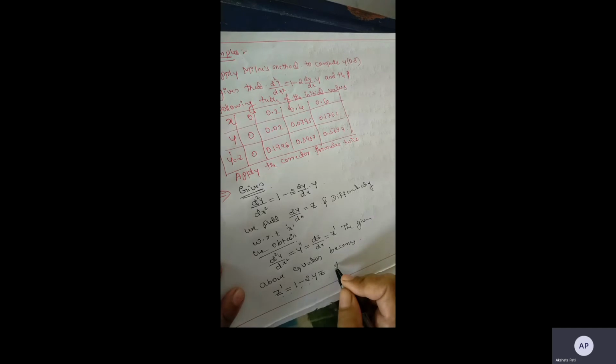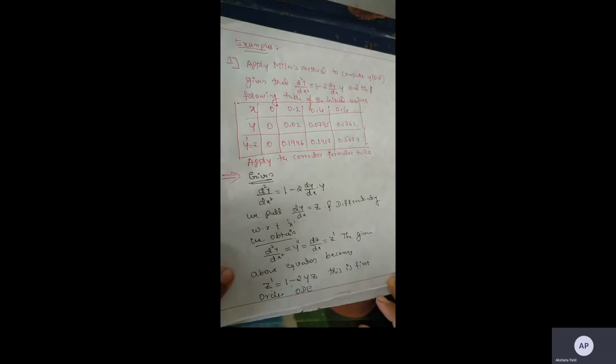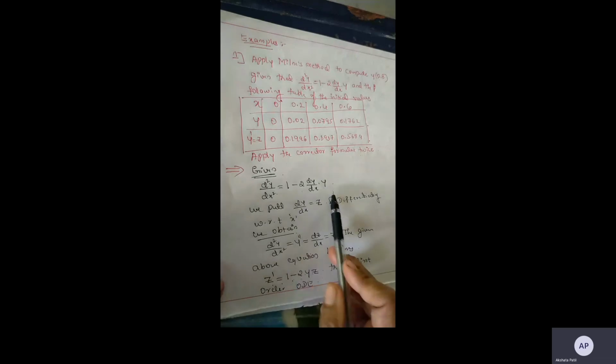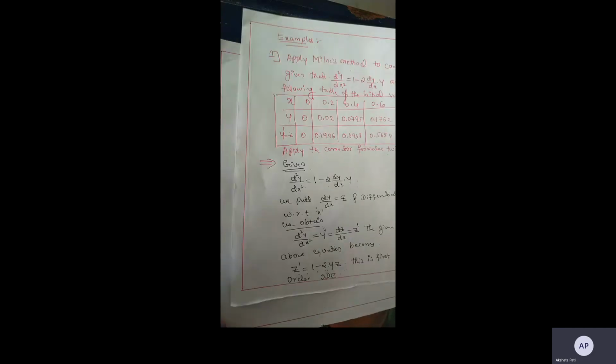This is a first order ordinary differential equation. It means we have reduced the second order equation to first order in step 1. After reducing, let us first calculate the values of z0 dash, z1 dash, z2 dash and z3 dash.